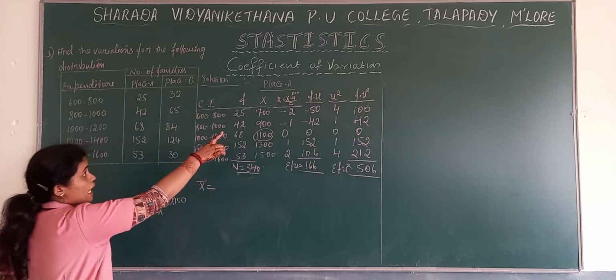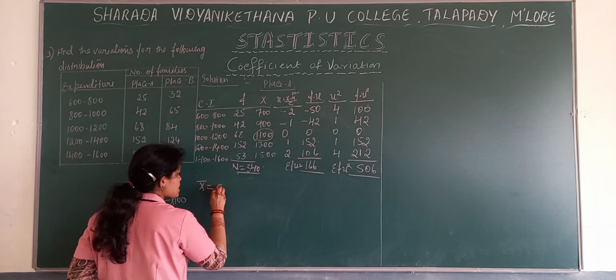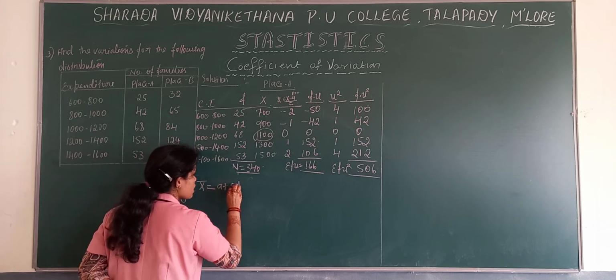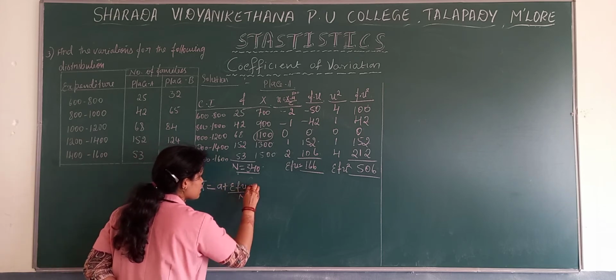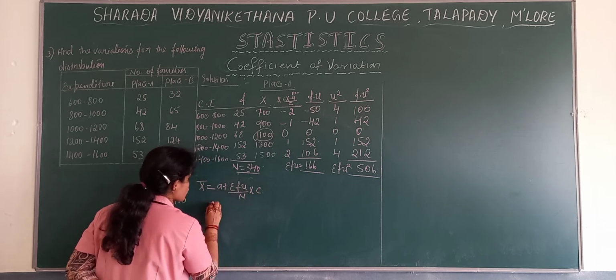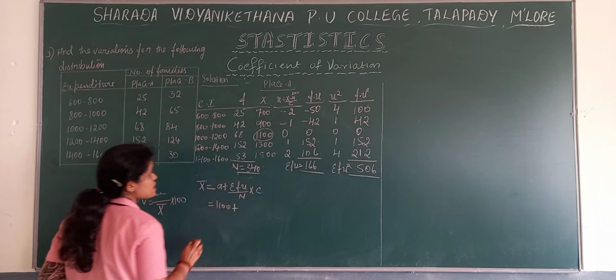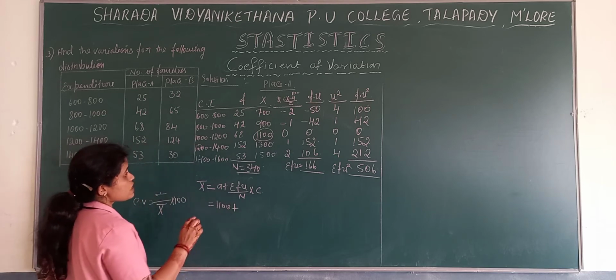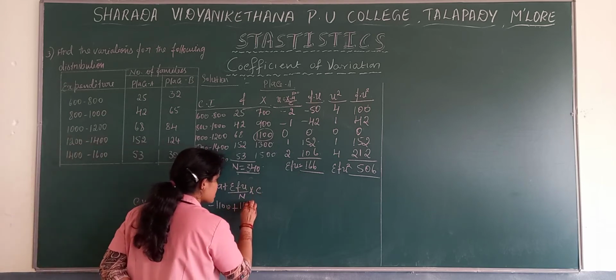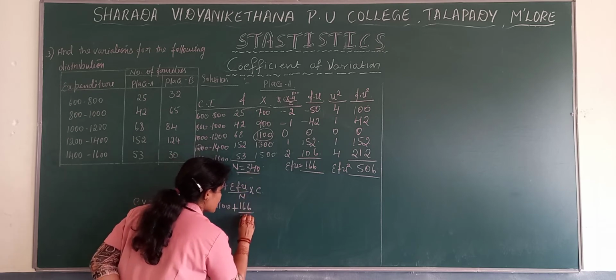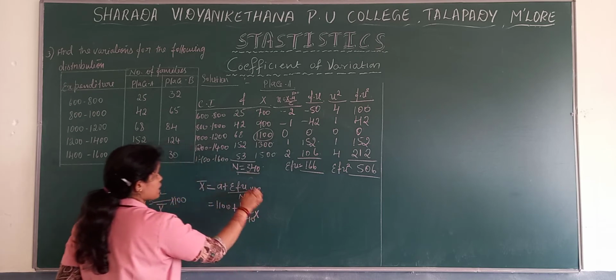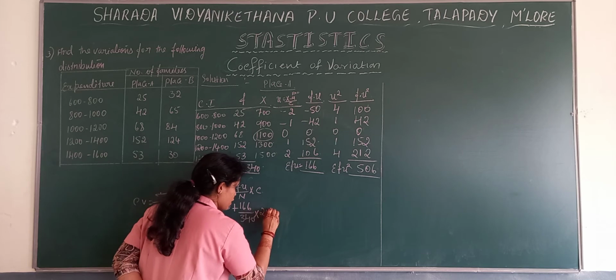So mean, as I said, with A taken as assumed mean, is A plus sigma FU by n into C. Here the A value we have taken as 1100 plus sigma FU. Sigma FU we got as 166, n we have 340, into C. The gap we know is 200.